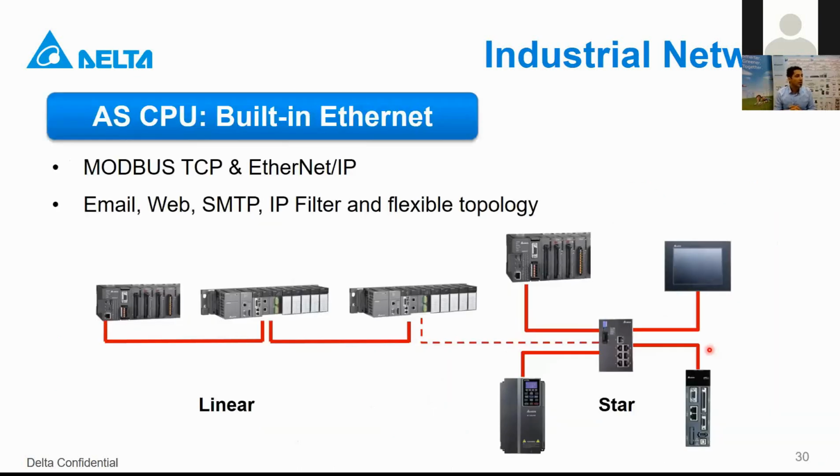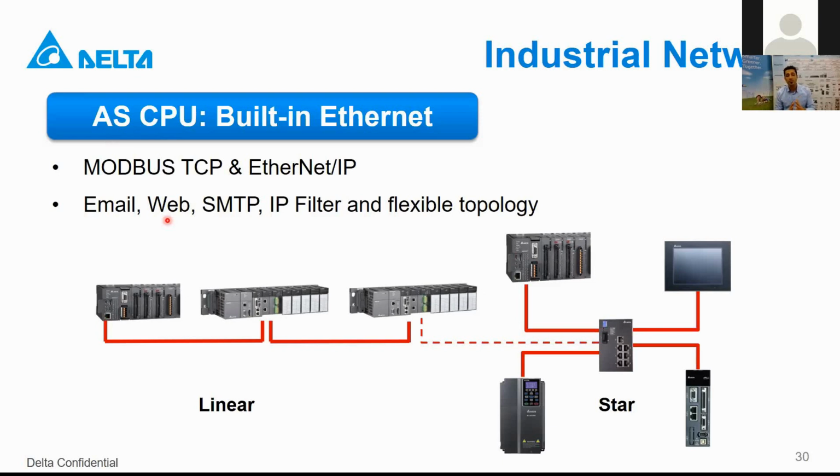Okay, let's have a look at the built-in Ethernet port on the AS CPU. We said that it supports Modbus TCP and Ethernet IP. In addition, the AS CPU supports email, so we can send an email from the CPU. It supports a web server, so it is possible to monitor some data from the browser directly.